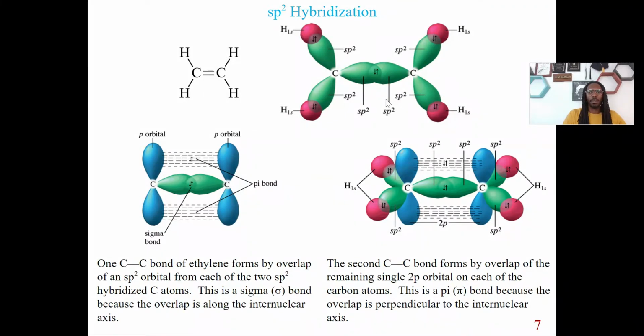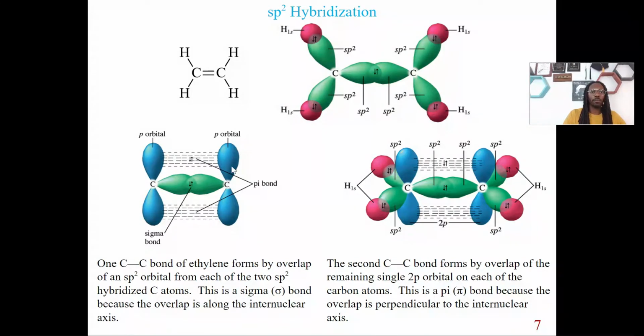Now, if we break this down and we talk about the pi bonds, in this case the Lewis structure is telling me that if I see a double bond, I should expect to see one sigma bond and one pi bond. Well, when we come to draw these out, which you guys will have to do, in this case we got our p orbitals here, in this case, our pi bonds.